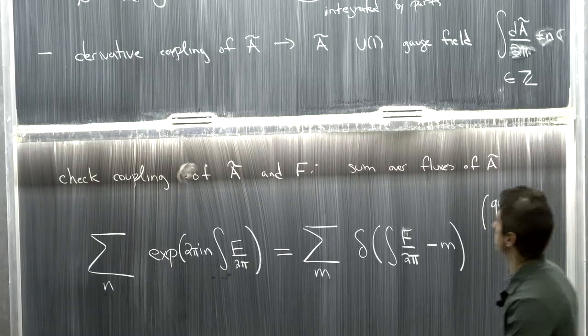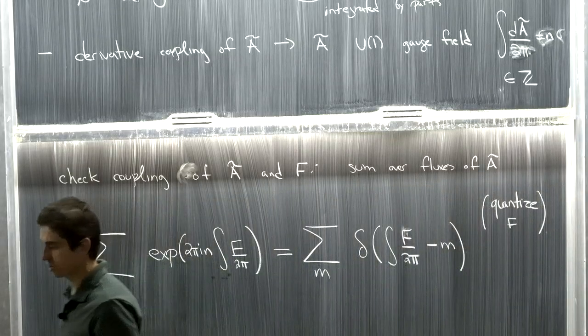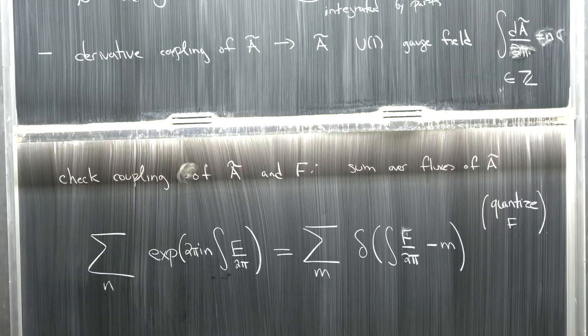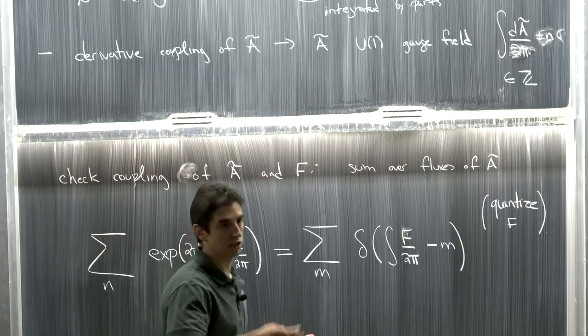I'm enforcing that separately so that the path integral doesn't just give infinity automatically, right? If I shift A tilde by a gauge transformation, then the action is invariant. So if I don't treat A tilde as a gauge field, I just have a big infinity.